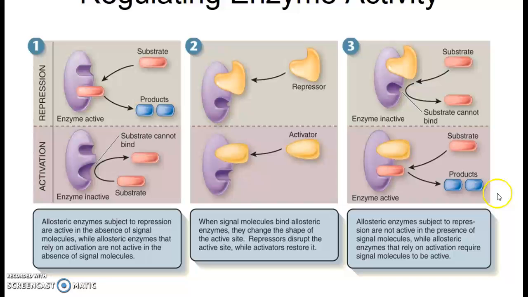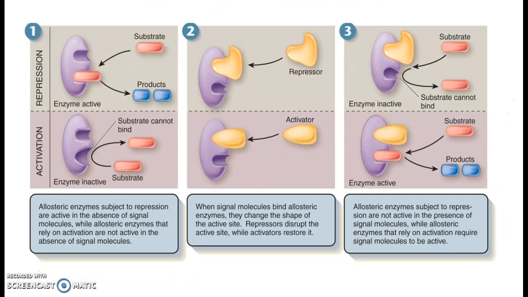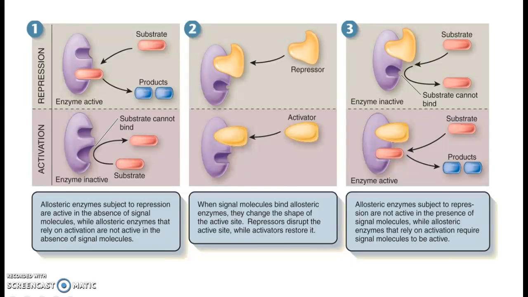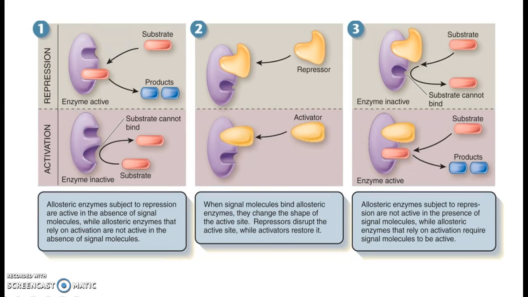Okay, so this is just a picture from your book showing how allosteric enzymes work. At the top you have an enzyme that is susceptible to repression. This is the active site down here. This is the allosteric site. Without having to have any kind of activator signal, this enzyme is active, it binds the substrate, catalyzes the reaction, and the products are created.